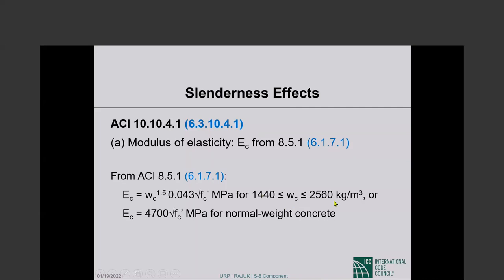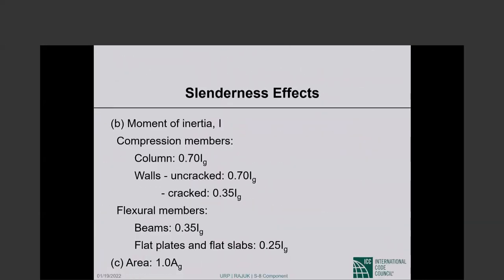I guess that's the range of normal weight concrete. And a simplified version of that is 4,700 square root of f sub c prime. This is for normal weight. Okay. So anyway, E sub c as given in ACI 318 or BNBC 2020. The I, okay, most of the time you will use the I values given here.